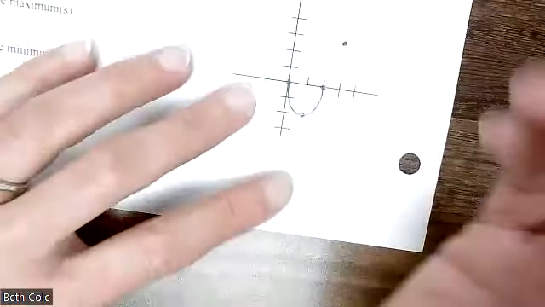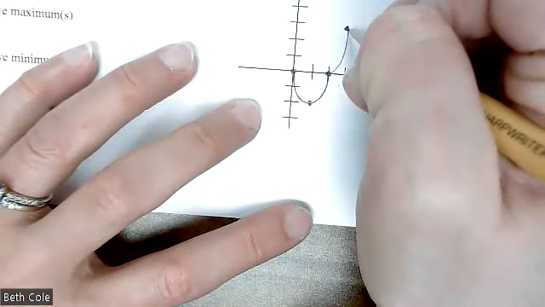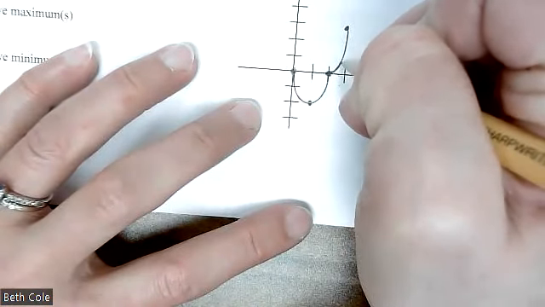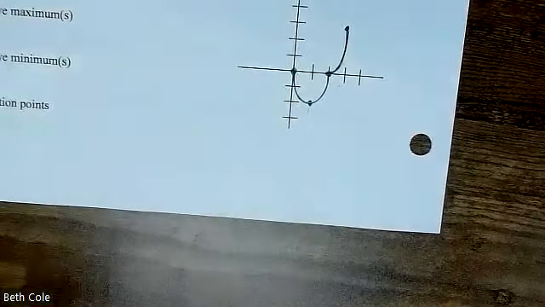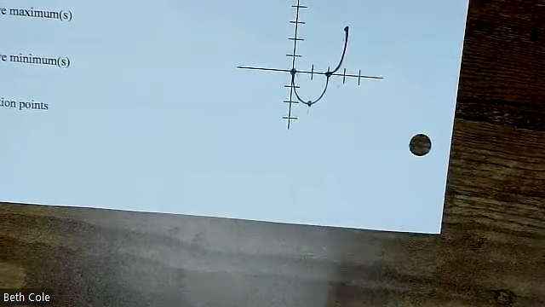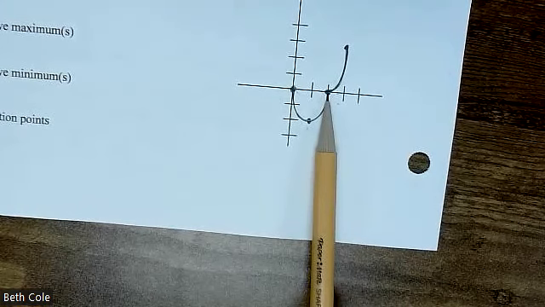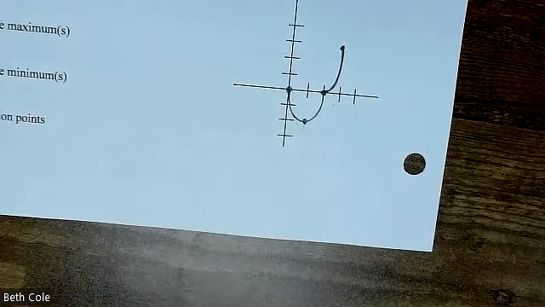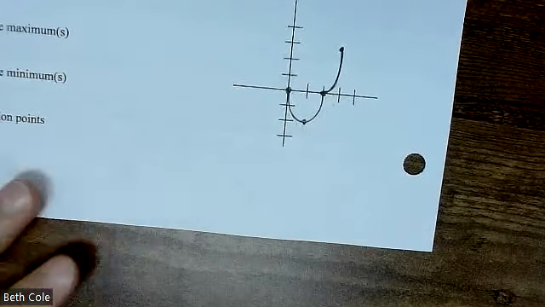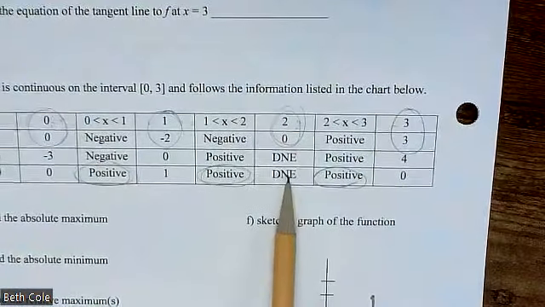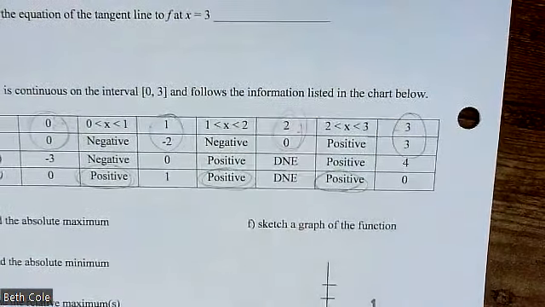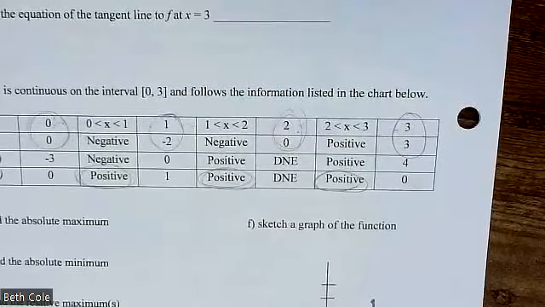So you still want to be concave up like a smiley face. So something like that. Now to make the connection here, at 2, there is a what? Sharp edge. Look at your table. At 2, not differentiable due to sharp edge. You're making the connection so that it should make sense, okay?